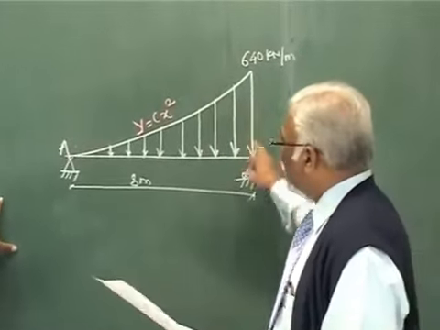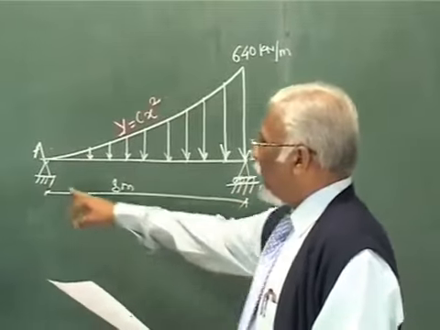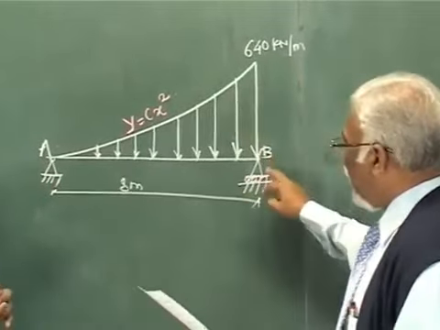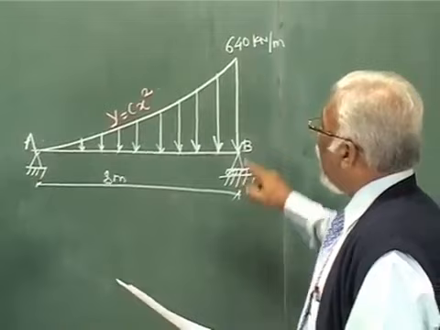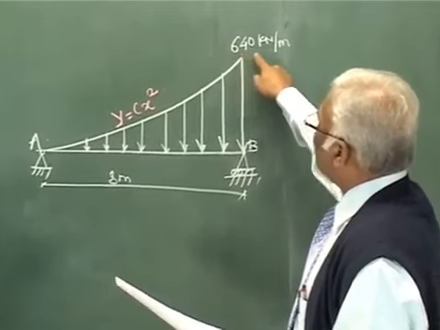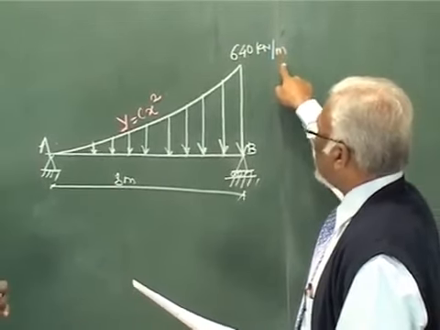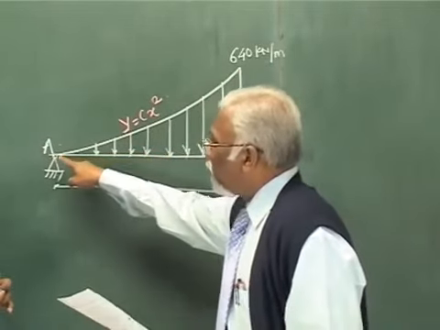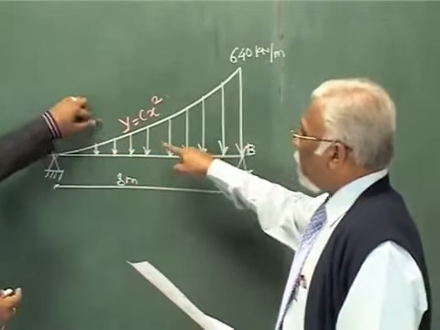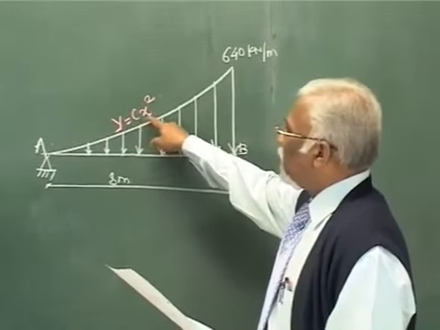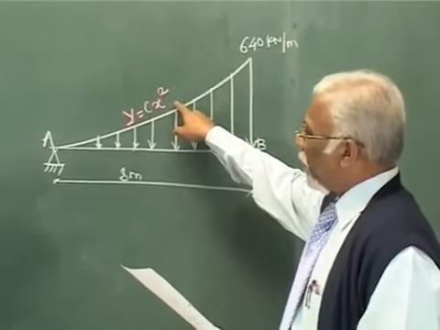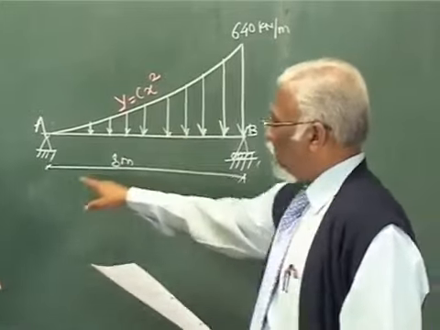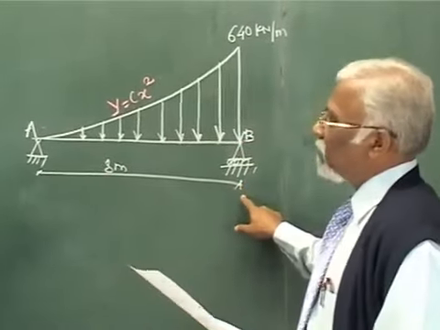For the beam shown here, you have A as the hinge support, B again as the roller support, and you have the load of 640 kilonewtons per meter, acting in a parabolic style with the equation y is equal to cx square. The distance between A and B is 8 meters.